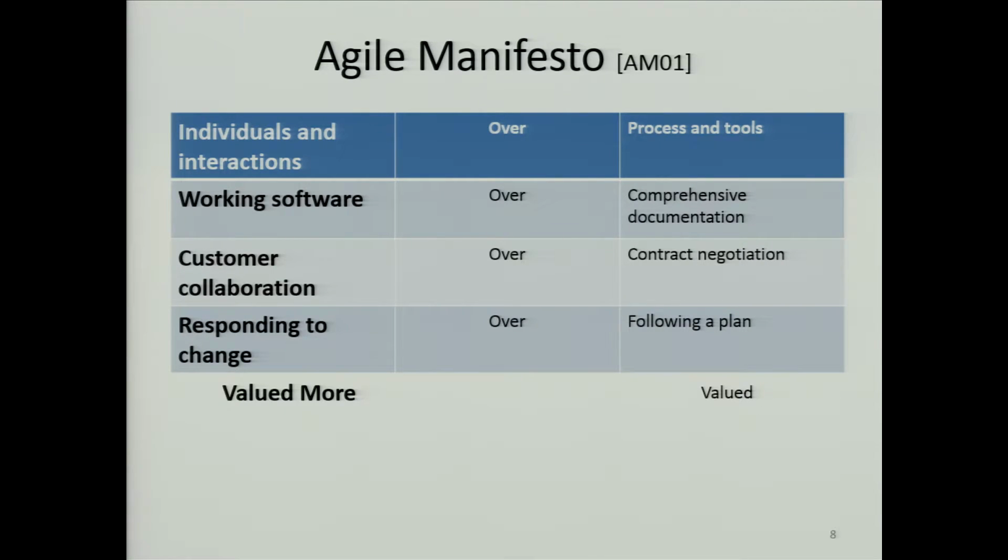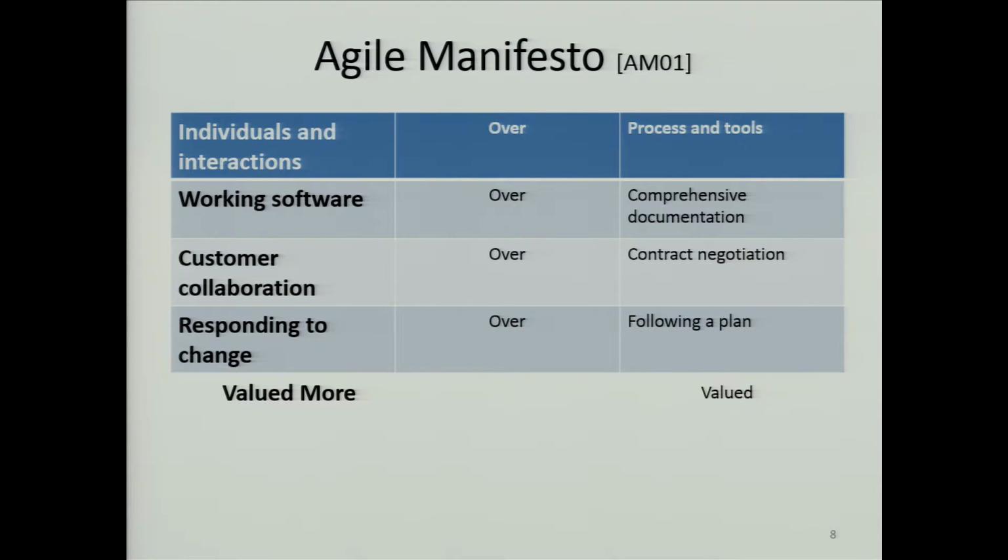The things on the right are things that are valued less. So in the Agile Manifesto, what the people that sign on to that assert is that although they value processes and tools, they value individuals and interactions among the individuals more. And we'll see that in a minute in how things are done.